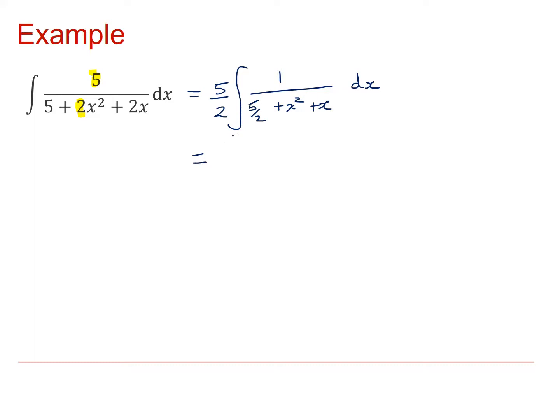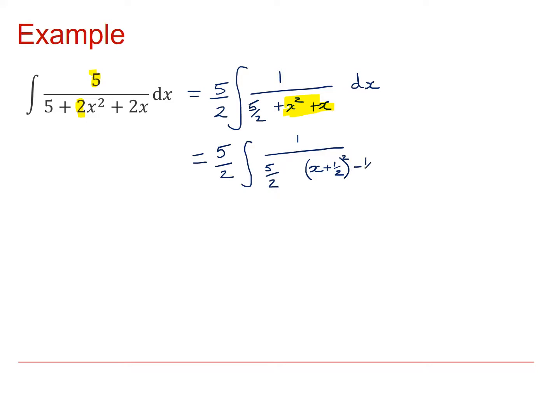Now I'm going to do a little bit of work on the bottom line here, because I'm going to complete the square for these bits. So I've still got the 5 over 2, and then x squared plus x has come from x plus a half squared. If we multiply back out x plus a half squared, I get x squared plus x plus a quarter.